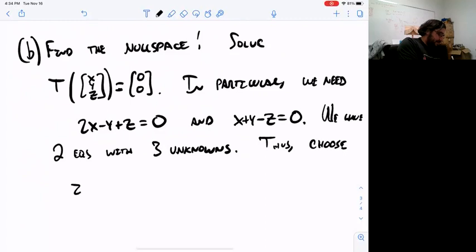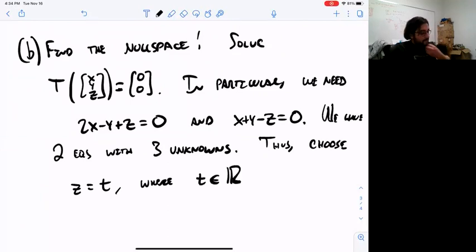Sometimes what you do is pick one of your variables to be just some free parameter, say z equals t. Pick some free z, where t represents some parameter.